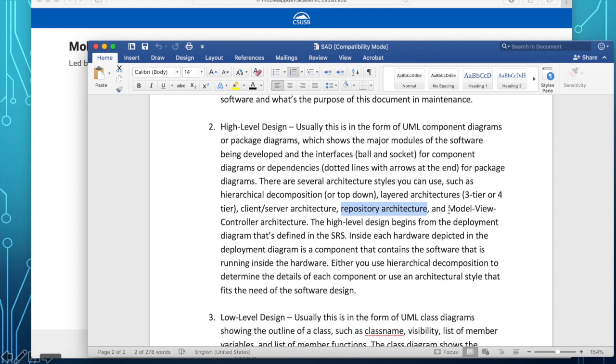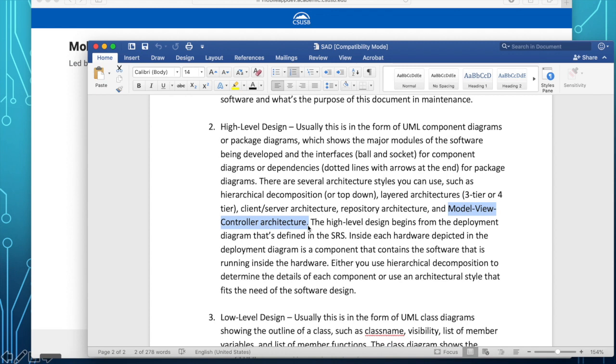And the model view and controller, MVC, architecture is used in building web applications. It consists of 3 components: model, view, and controller.